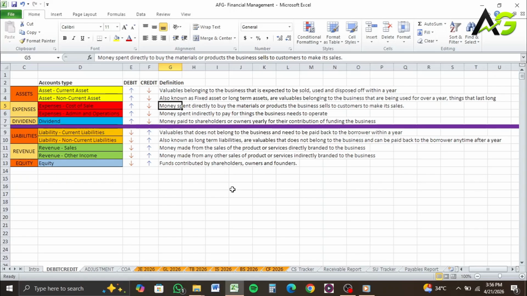Next is expenses, admin, and operations. Money spent indirectly to pay for things the business needs to operate. So this one is easy. Whether you make money or whether you sell or you don't sell, you still need to pay for some things. For example, salary.